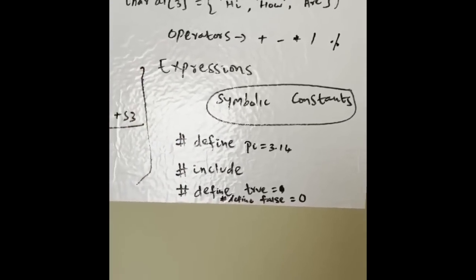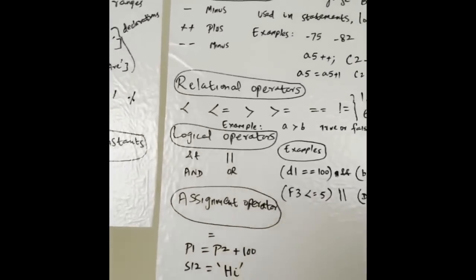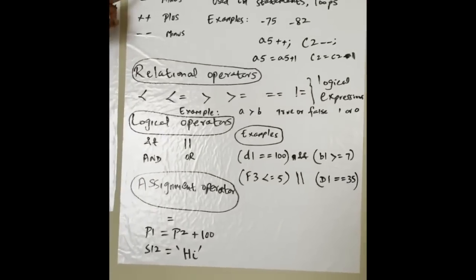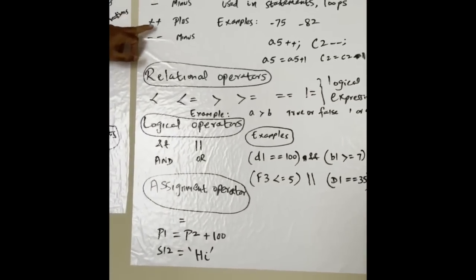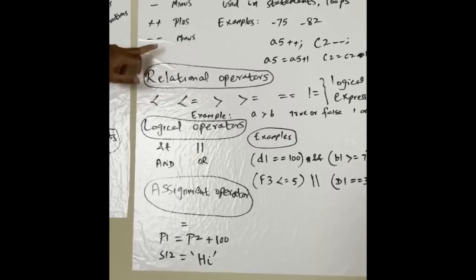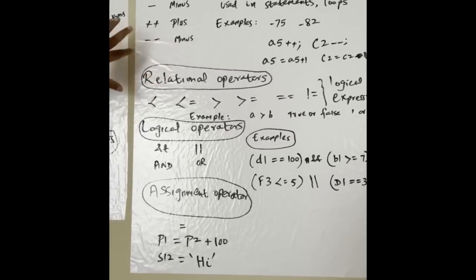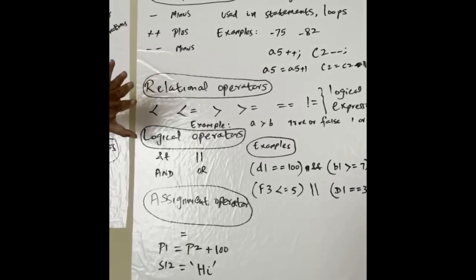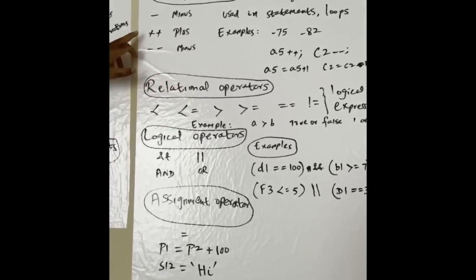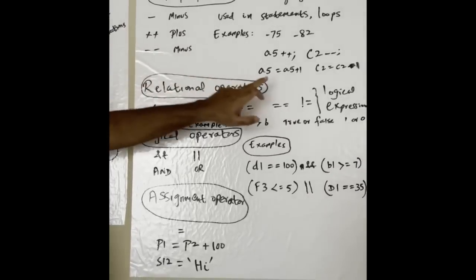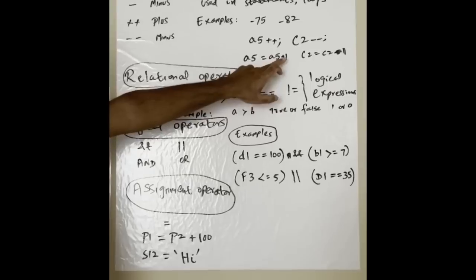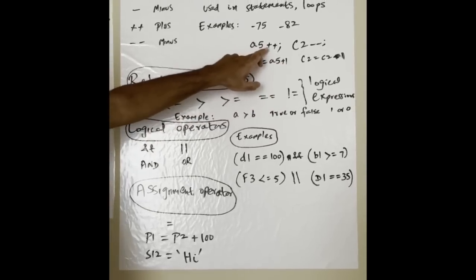That's how it works. Let's look into more operators. Plus means addition. Minus means subtraction. That's how it's used in a C program. The main important thing is, instead of writing a5 equal to a5 plus 1, you can write a5 plus plus.